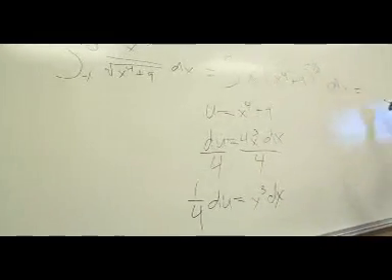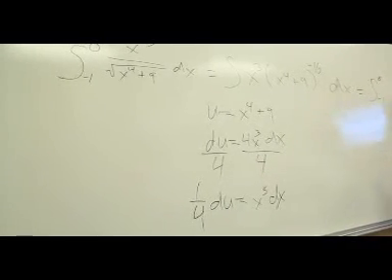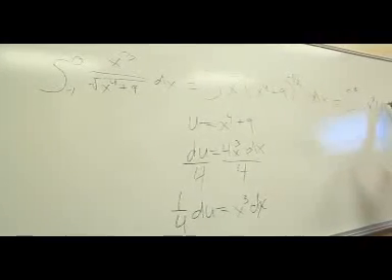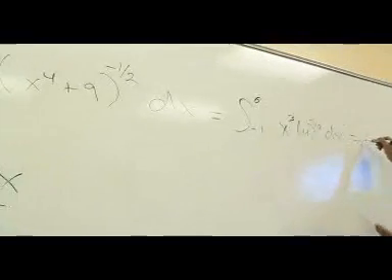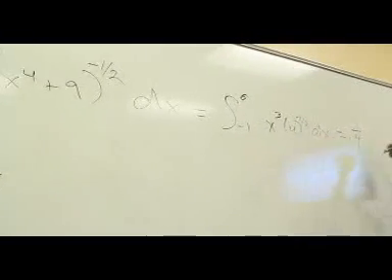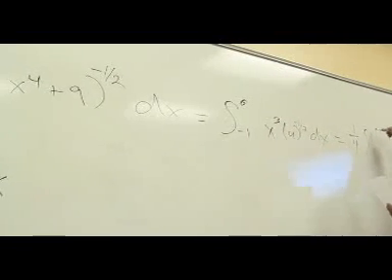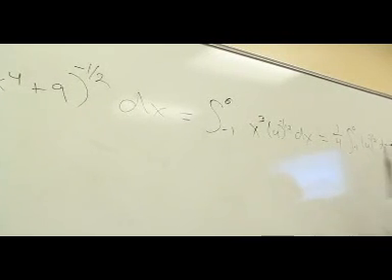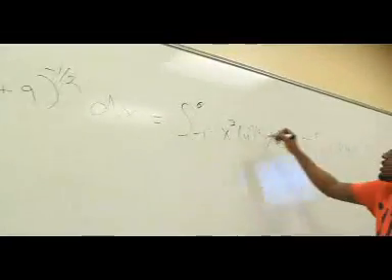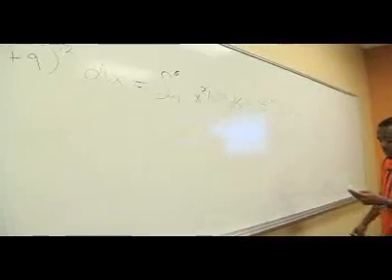So this will equal the integral of 0 to -1 of x cubed u to the -1/2 dx, which equals 1/4, as we plug our du in, the integral 0 to -1 of u to the -1/2 du. 1/4 du equals x cubed dx, so that's how we cancel these out right here. We have 1/4 du in place of that.